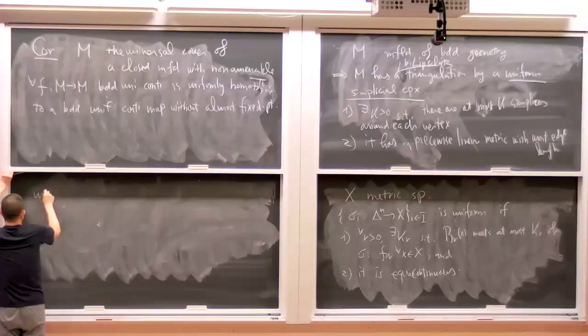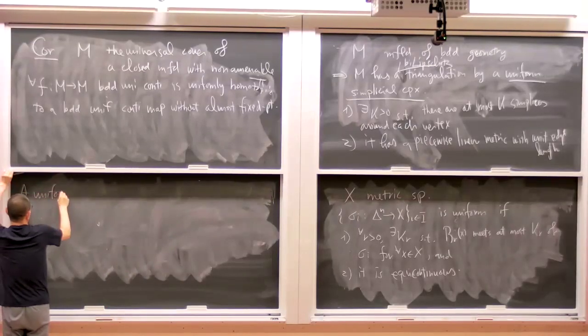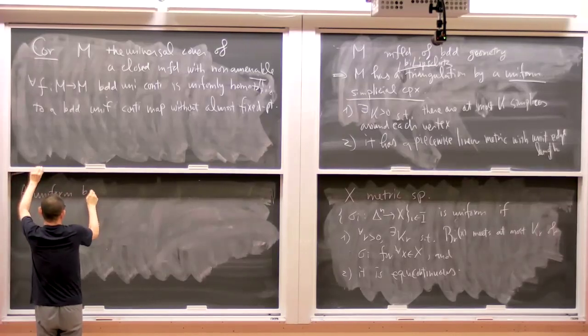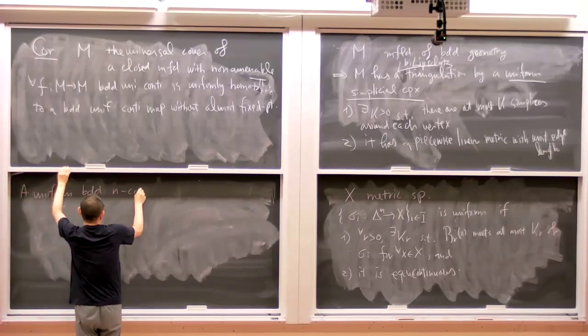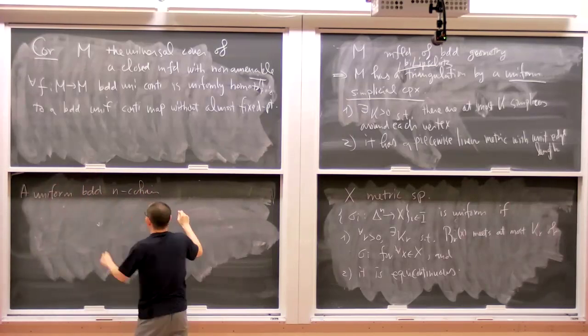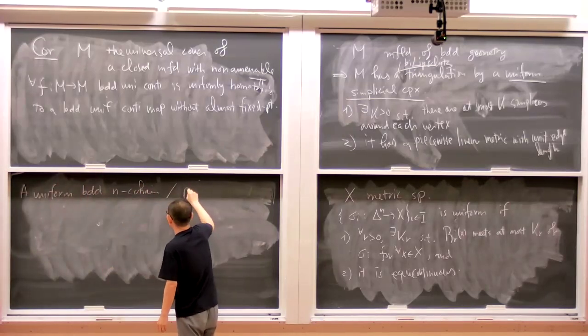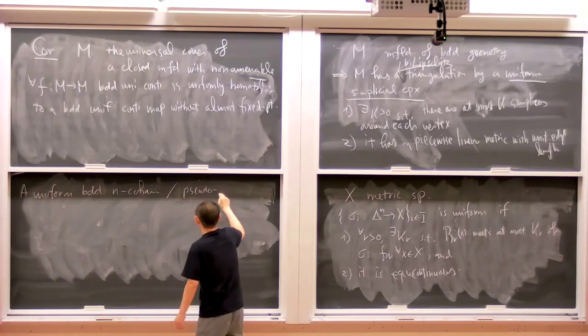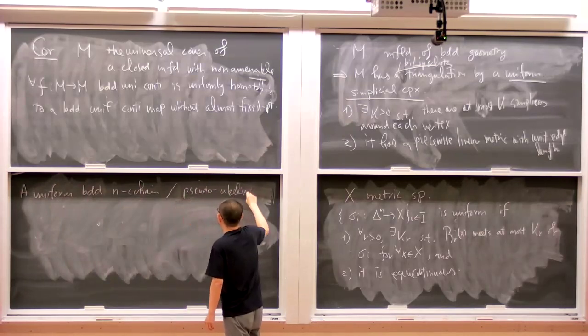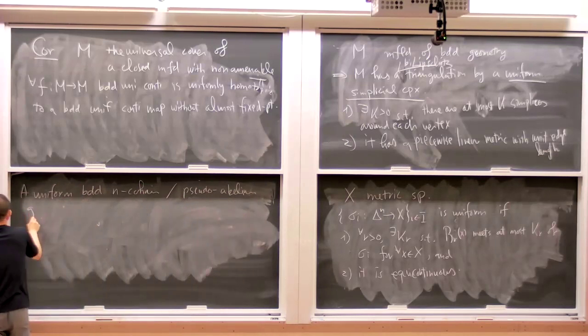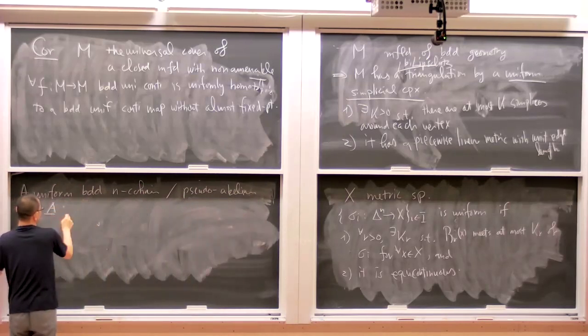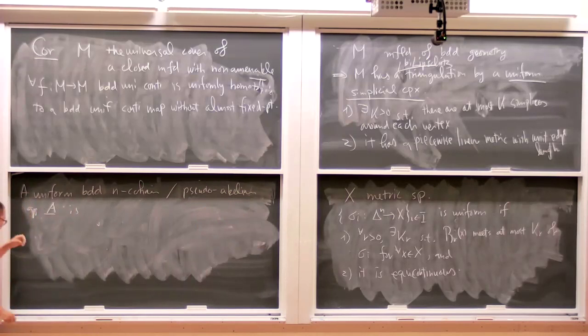Right. So, a uniform bounded n-cochain over a pseudo-abelian group A. Of course, a pseudo-abelian group is an abelian group with a specific pseudo-metric, and A is the underlying abelian group.